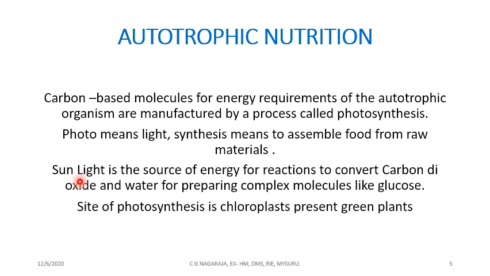For this, sunlight is the source of energy for all the reactions to convert carbon dioxide and water to glucose molecules. The site of photosynthesis is the chloroplast in all the green parts of green plants.